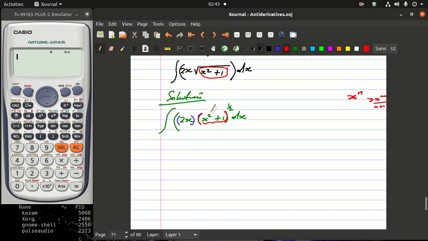But now I have a function that is sitting inside the root. Now, in the integration table, we don't have a function sitting inside the root.